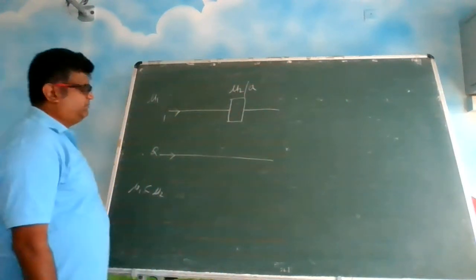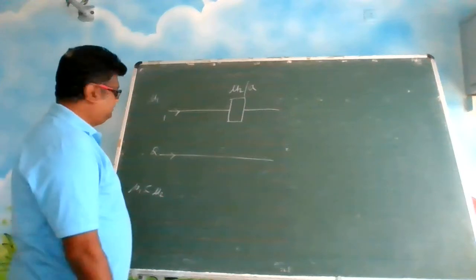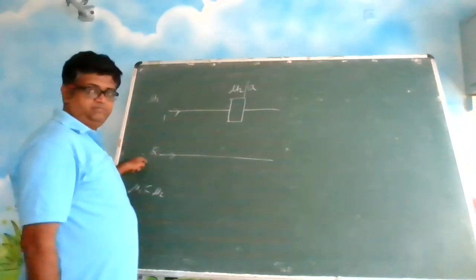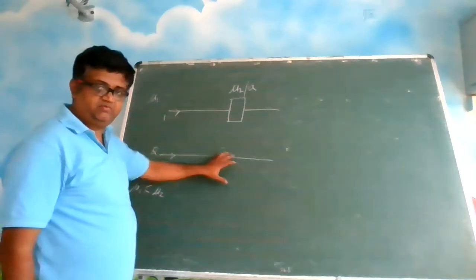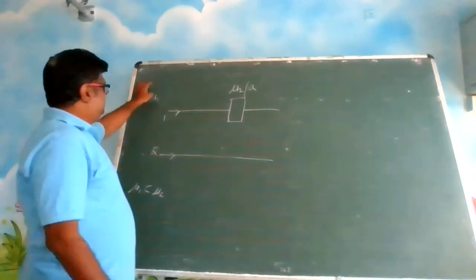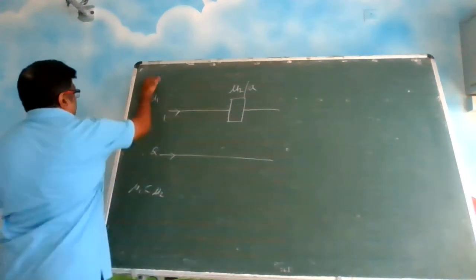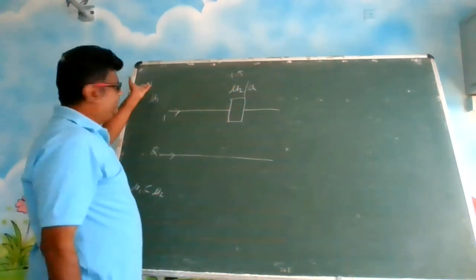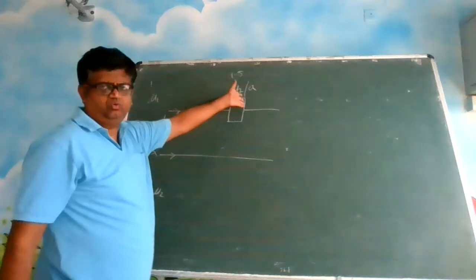Then to find out the path difference between which rays, 2 and 1. Obviously 2 is going a little fast. Mu 1 is less now. See, this was air, it was 1, it was 1.5. Now it is some mu 1, 1.5, let us say 2.